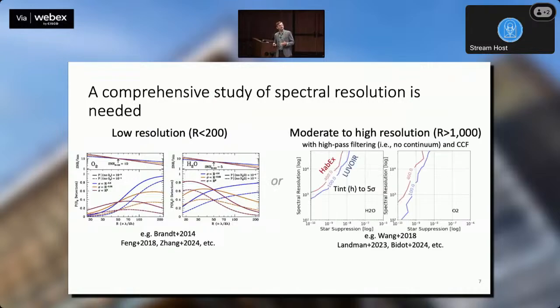Then there have been some studies at higher spectral resolution, 1,000 and above, and here they've typically relied on cross-correlation function and high-pass filtering. I think one of the main caveats here is we probably don't need to high-pass filter the data, which means removing the continuum, at a resolution of a few thousand with an ultra-stable spectrograph like HWO.